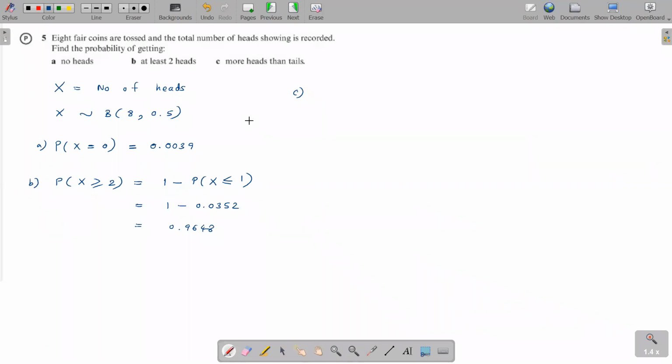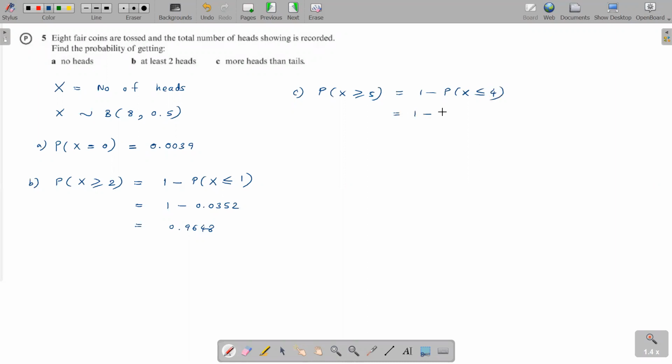Now they want you to get more heads than tails, so we need to get at least 5 heads, isn't it? So X is greater than or equal to 5. Do you agree? 5 heads, 6 heads, 7 heads, 8 heads. These all have more heads than tails. Agreed? So this is equal to 1 minus the probability X is less than or equal to 4.